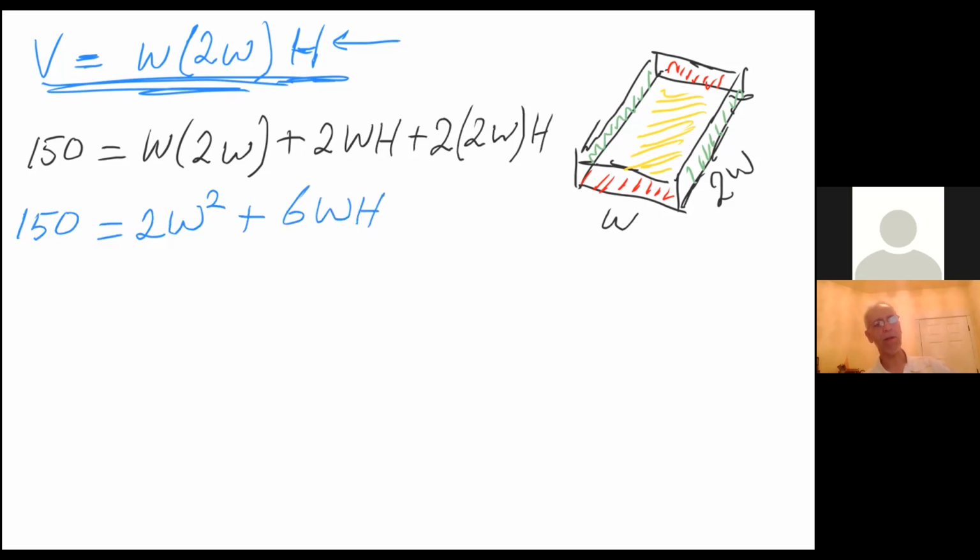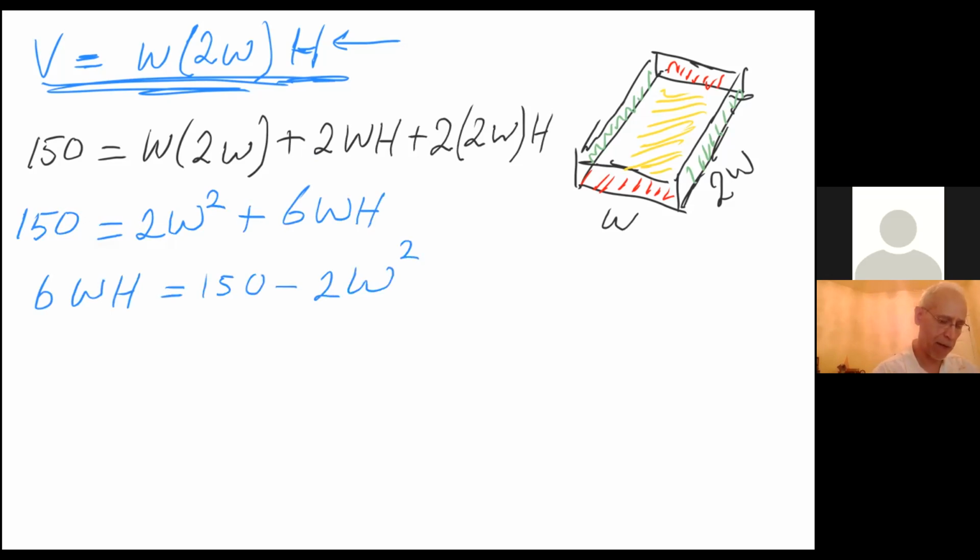Okay. Now I'm going to solve for h in here. So 6wh equals 150 minus 2w to the second power, and I'm going to divide both sides by 6w.